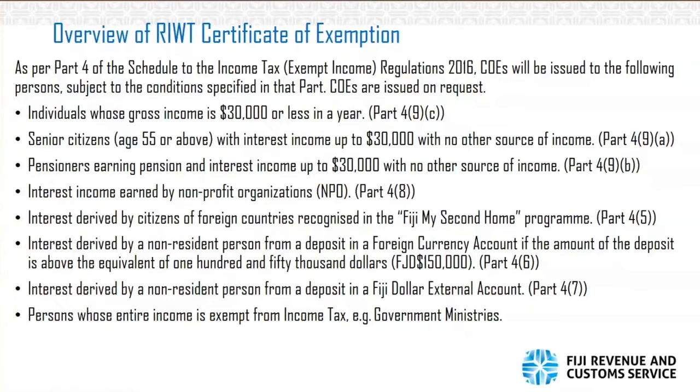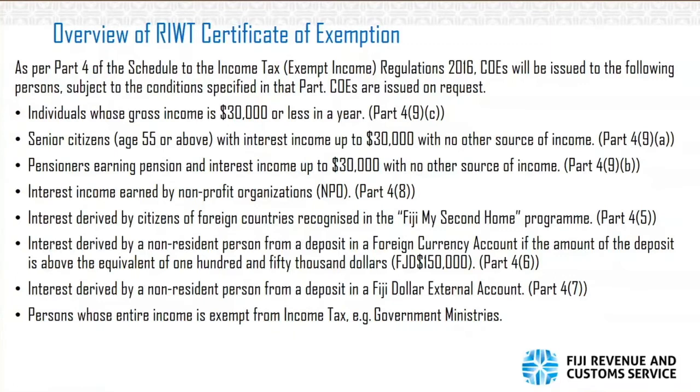Number four, interest income earned by non-profit organizations. Number five, interest derived by citizens of foreign countries recognized in the PG MySec program. For these conditions, they have to apply first from the Immigration Department. Next, interest derived by a non-resident from a deposit in a foreign currency account if the amount of deposit is above the equivalent of 150,000 Fiji dollars.